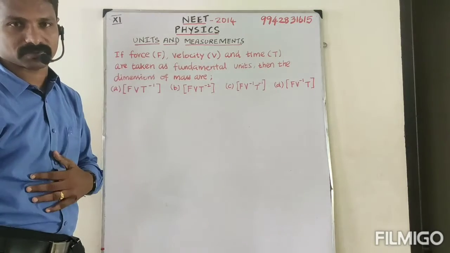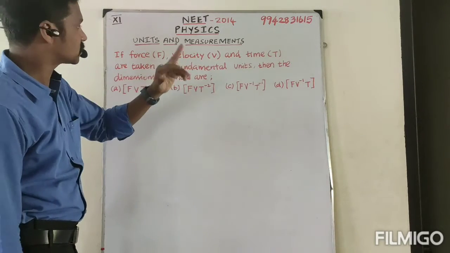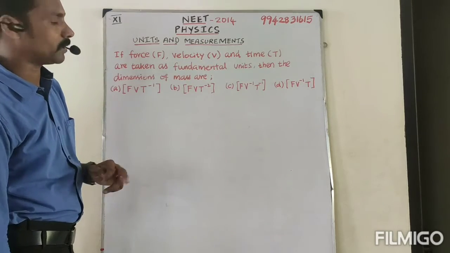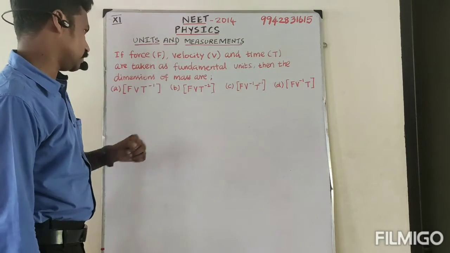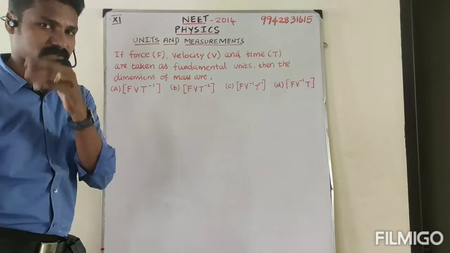So now they are asking the mass. So you know that force units, velocity units, time units. By using this combination, you should find the dimension formula for mass.